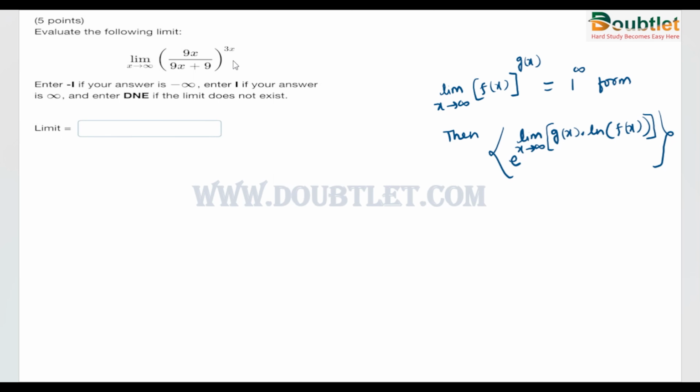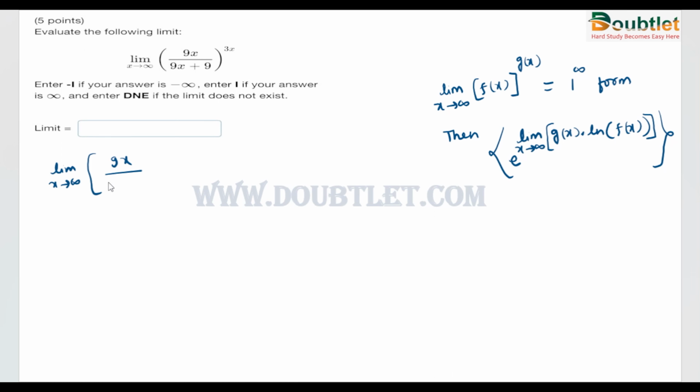So if we analyze the form of this limit, first of all we have to put the limit extending to infinity in this function, and then we will put x equal to infinity. This is 9x.